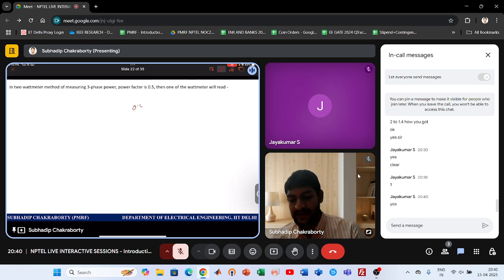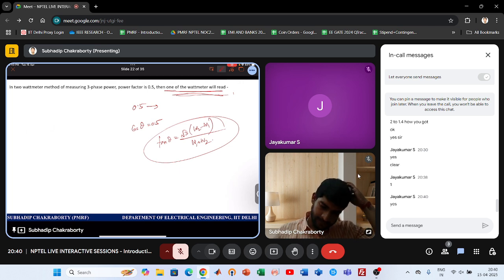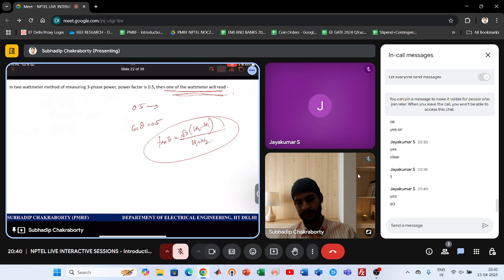So power factor is 0.5 they are giving, then what will one wattmeter read? So power factor cos theta is 0.5. When will it happen? So tan theta is root 3 times W2 minus W1 by W1 plus W2. And with cos theta being half, theta is 60 degree.